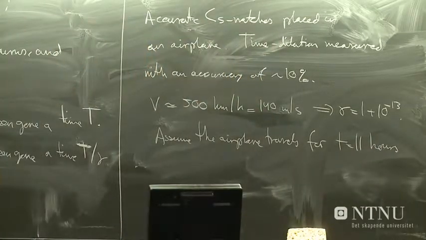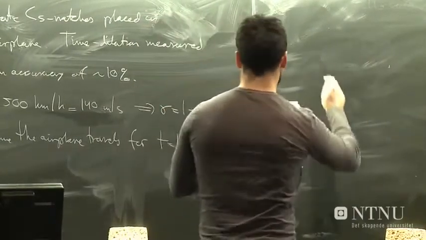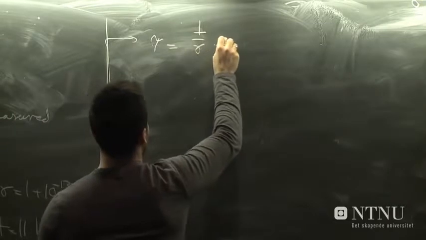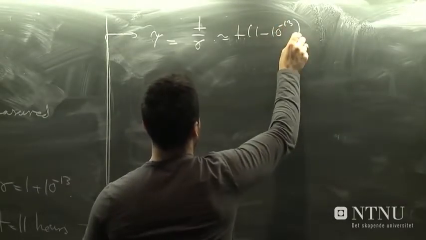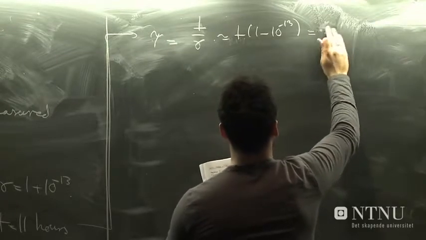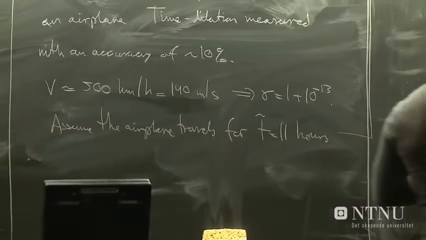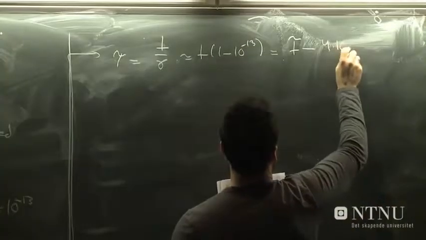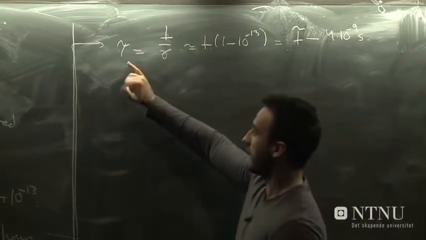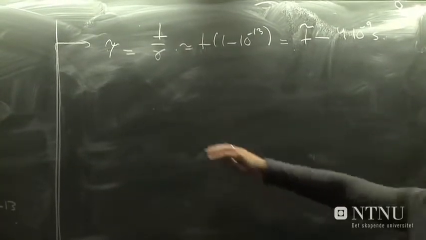Assume that this airplane is in motion for 11 hours. If it's traveling for 11 hours, we know that the eigentime here is related to the time t by this gamma factor.